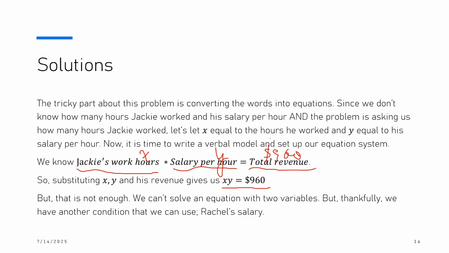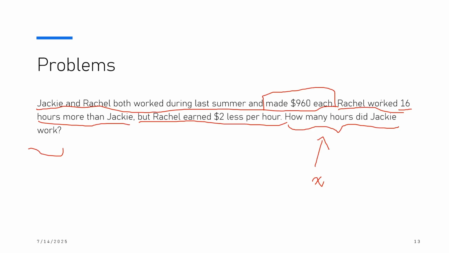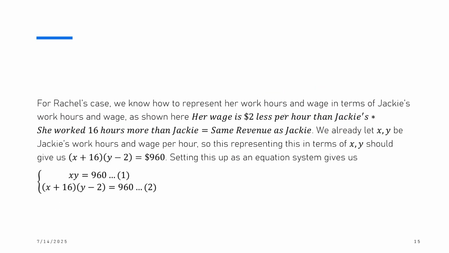So we can use our relationship with Rachel over here as it says that she worked 60. Oh, sorry, I reversed these. Her wage is 2 less per hour, and she worked 16 hours more than Jackie. So basically, she has to work even more in order to get the same revenue as Jackie, and we can represent that by x and y.